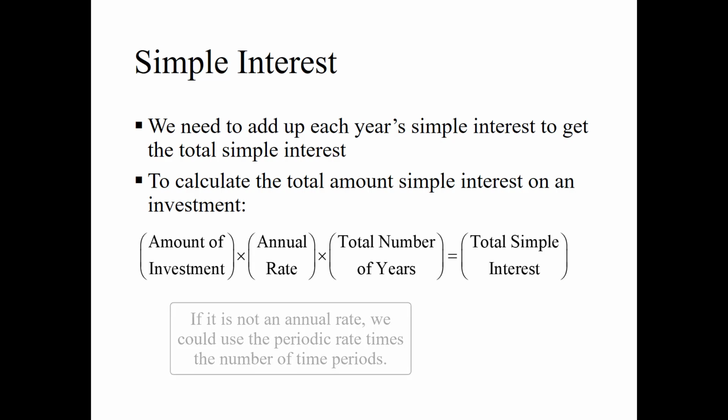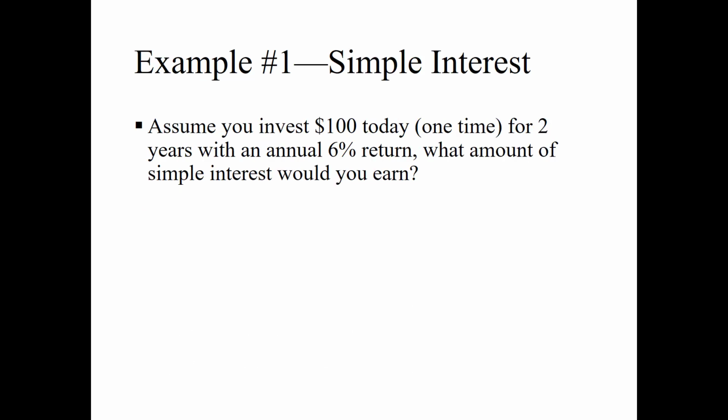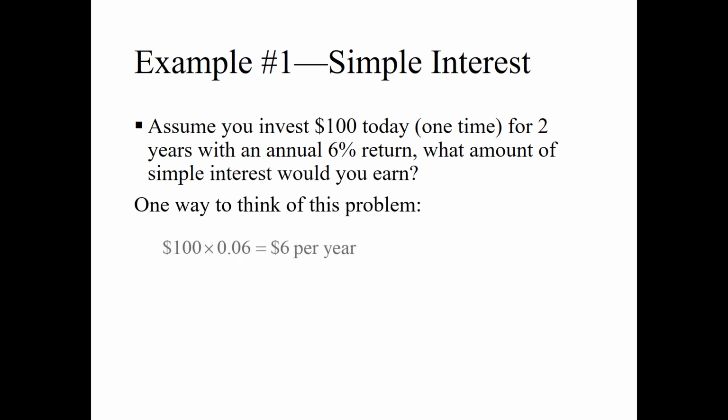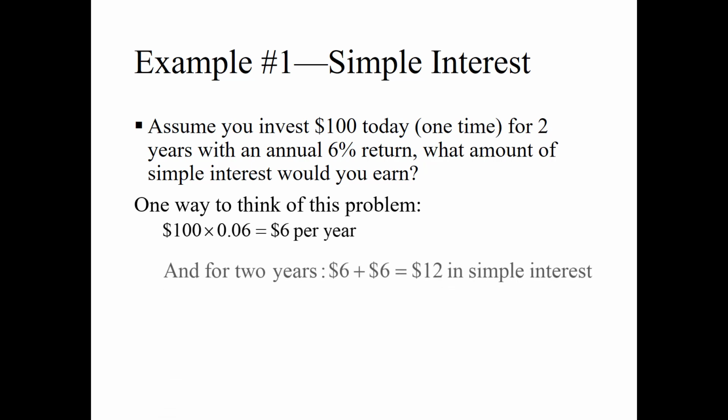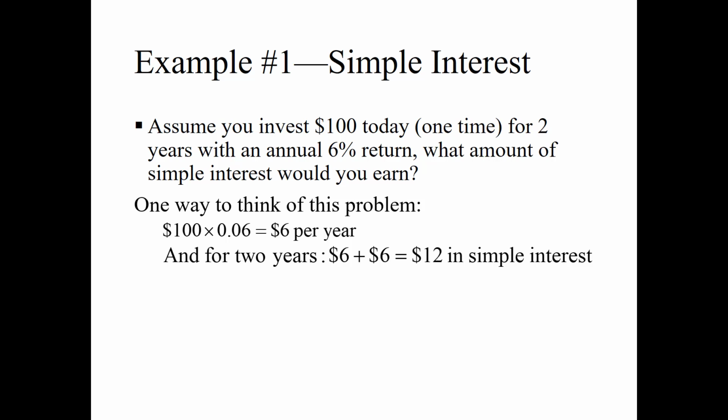And so let's look at an example. Assume you invest $100 today in just a one-time payment or lump sum amount for 2 years with an annual 6% return. What amount of simple interest would you earn over that time period? One way to think about this problem is that in the first year, you would earn $6, right? So we have $100 times 0.06, which is 6%.